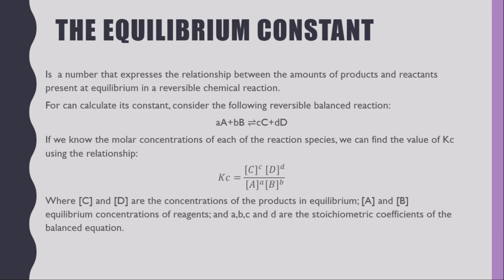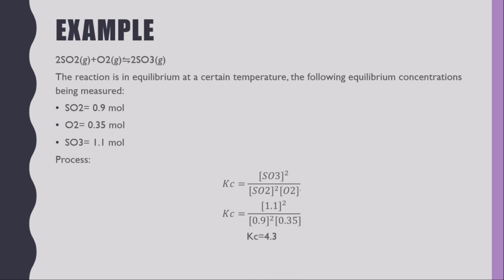In the next example, we explain how to calculate the equilibrium constant if we have the molar amounts of each reactant and product. Let's look at the equilibrium reaction that occurs between sulfur dioxide and oxygen to produce sulfur trioxide. The reaction is in equilibrium at a certain temperature.